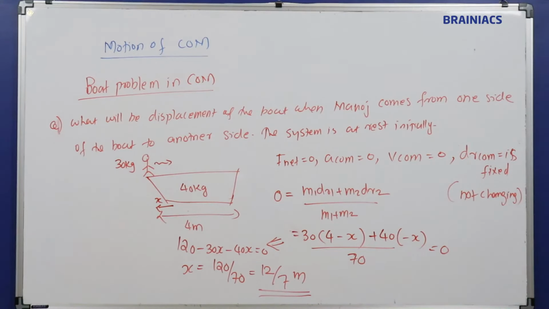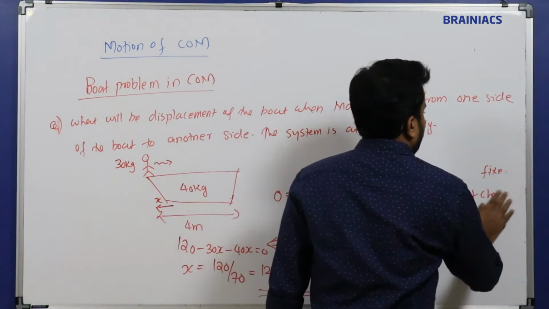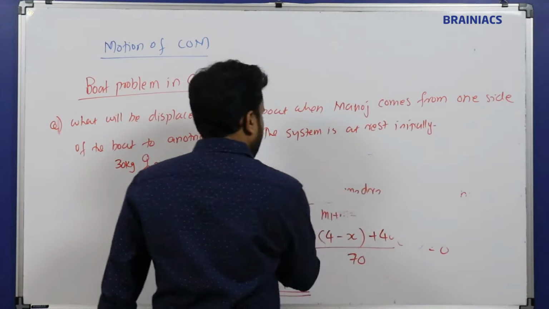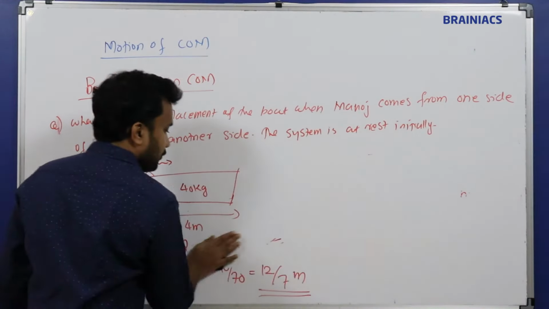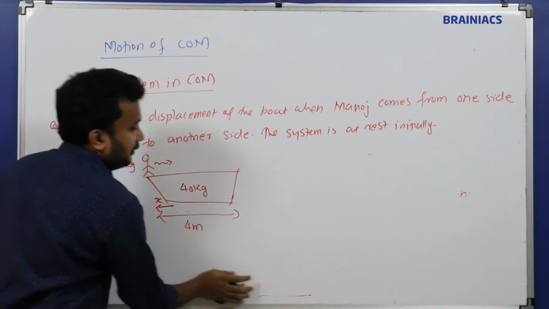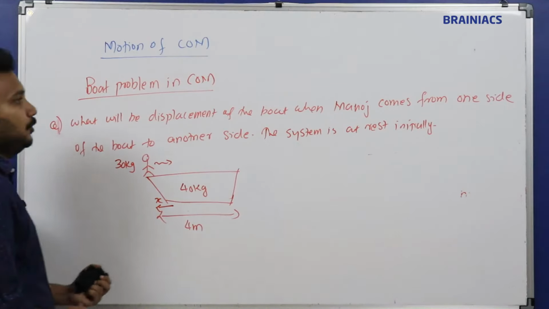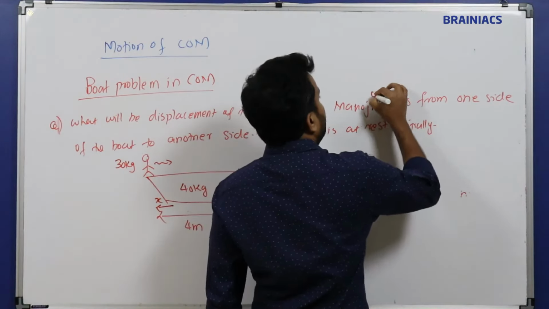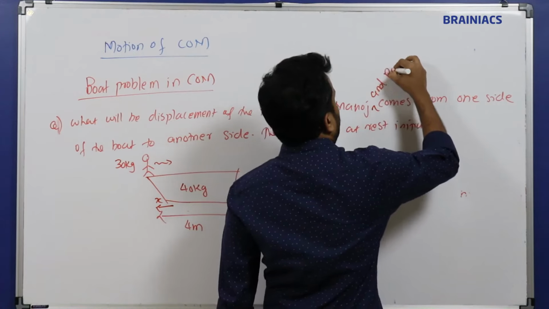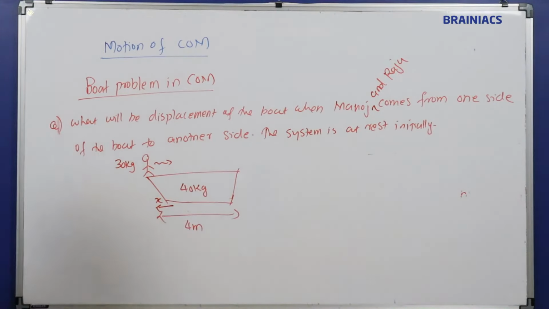Okay, next one, the same man and boat problem, but it can be asked in another way. This is more or less a similar question, but what will be the displacement of the boat when Manoj and Raju come from one side of the boat to another side?